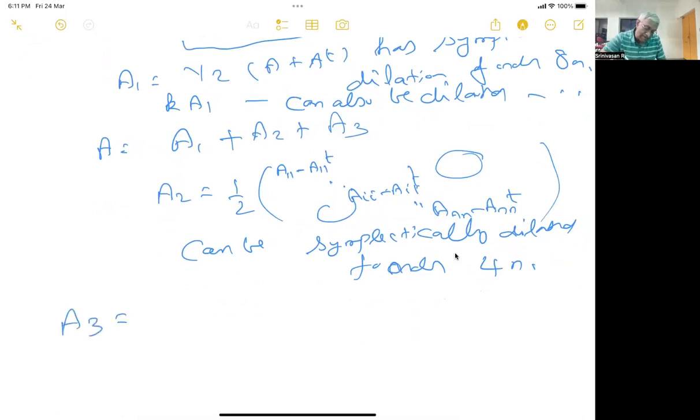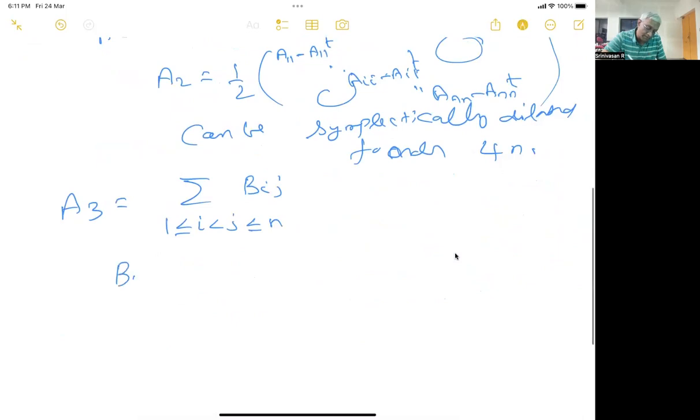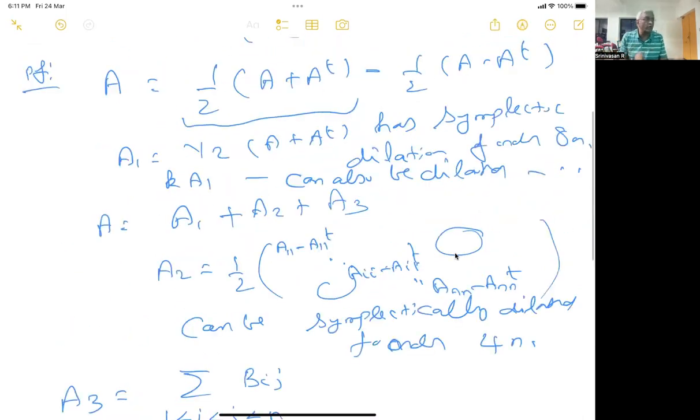Now the A3, we write it like this, Bij, where i is greater than or equal to 1, i is strictly less than j, i is not equal to j, and j is less than or equal to n. What is the remaining one? We have already got A equal to A1 plus A2 plus A3. A1 is a symmetric matrix, A plus A transpose by 2. So A2 plus A3 is that.